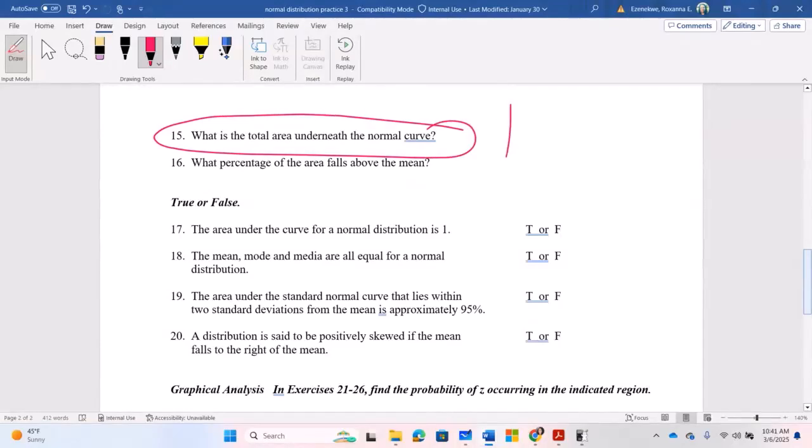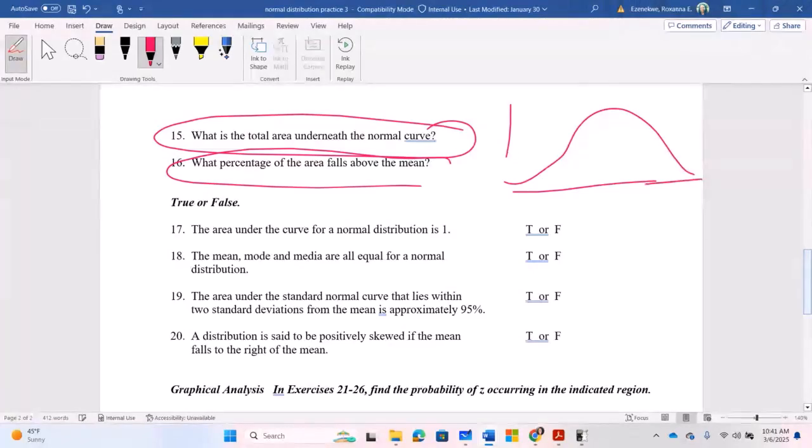What percentage of the area under the normal curve falls above the mean? You can draw a diagram. I'm going to draw a diagram. The total area is 1, and I'm asked what percentage of area falls above the mean.